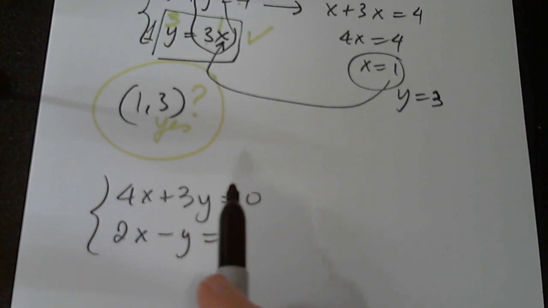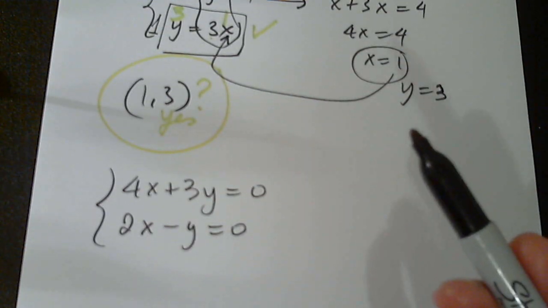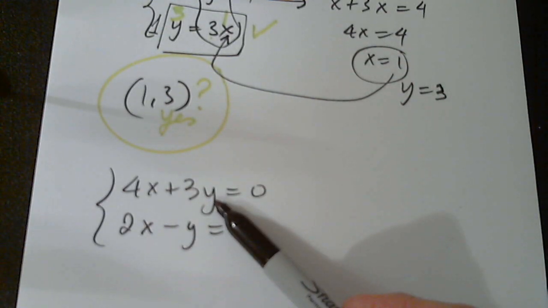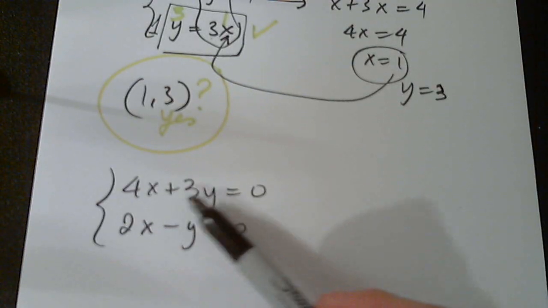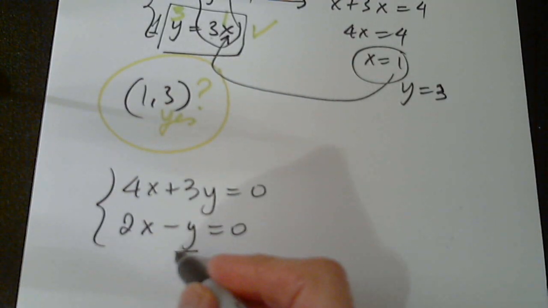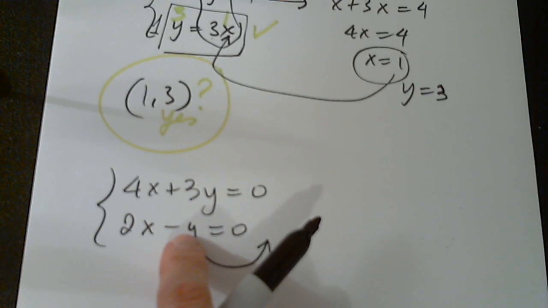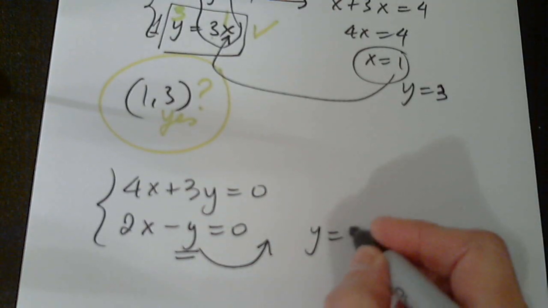I mean, I can, but I don't want to replace a fraction. I want to make it as simple as possible. The same thing with y, because if I move 4x and solve for y, I have another fraction. The same thing with x here. But look what happens if I simply move y, which has negative 1 in front. So then I have y equals 2x.